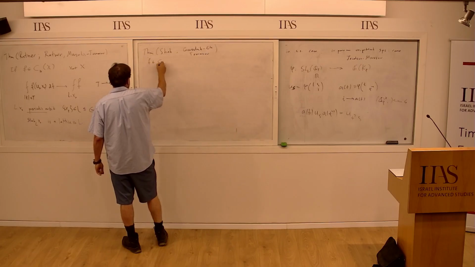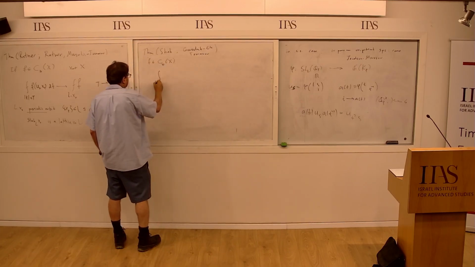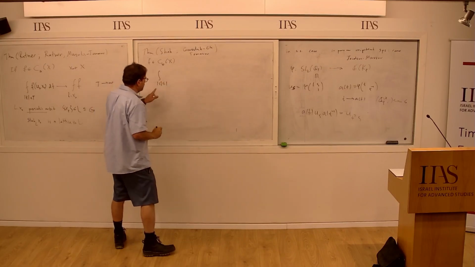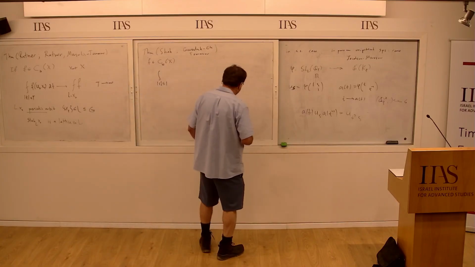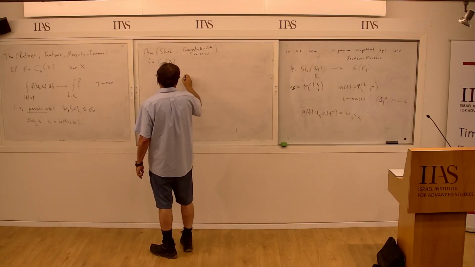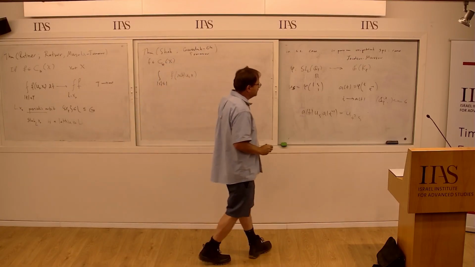So f is again bounded, continuous on X. I'm now taking a unit ball inside my unipotent group. I'm averaging over this unit ball, but I'm also applying this diagonal element in front.